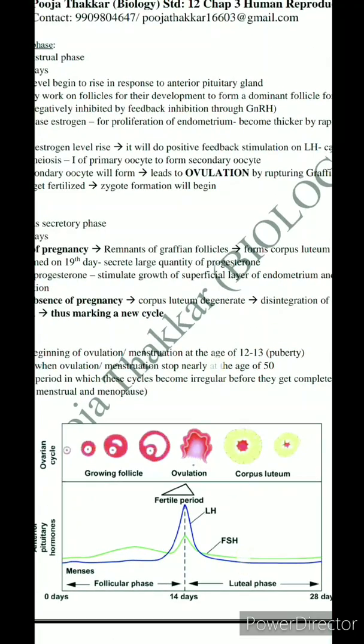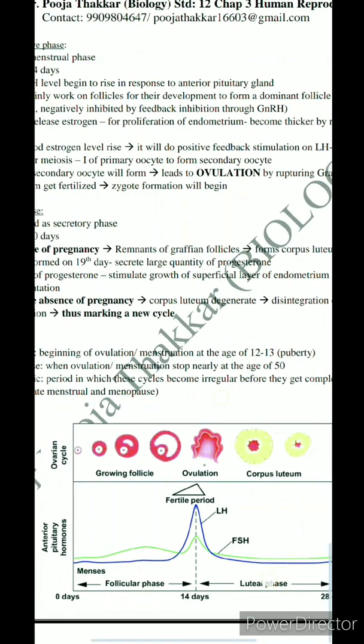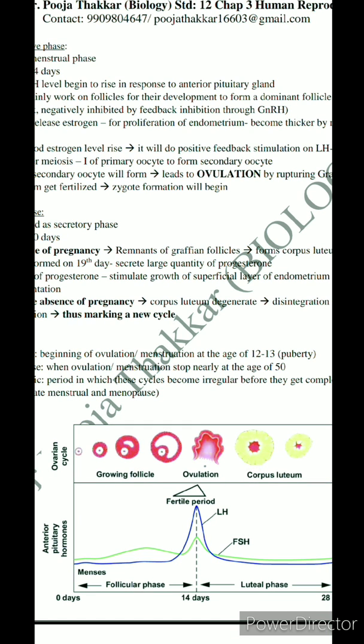So in this diagram, you will be able to notice the various hormones secreted from the anterior pituitary gland, that is LH and FSH, as well as estrogen and progesterone. You will notice a blue line of LH and a green line of FSH.